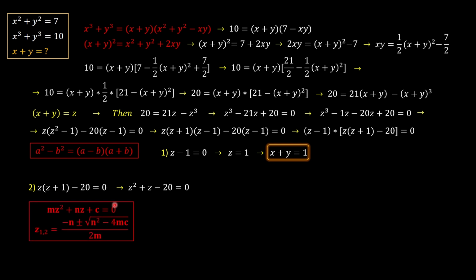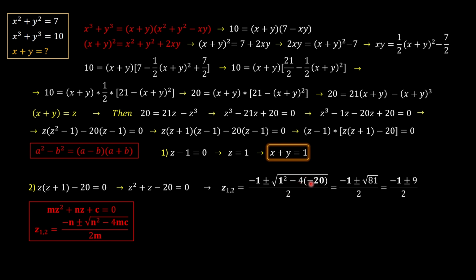This one. In our case, a equals 1, b equals 1, and c equals minus 20. So if you put these values into this formula, we are going to get minus 1 plus or minus square root. Inside of the square root, we have 1 squared minus 4 multiplied by minus 20, and everything divided by 2.